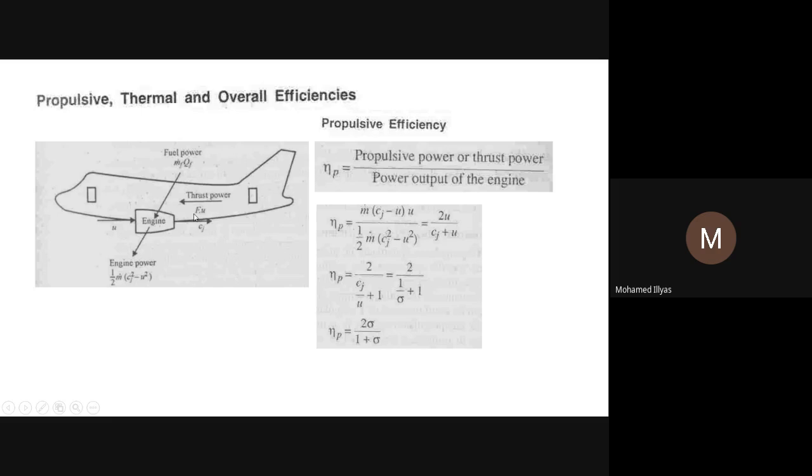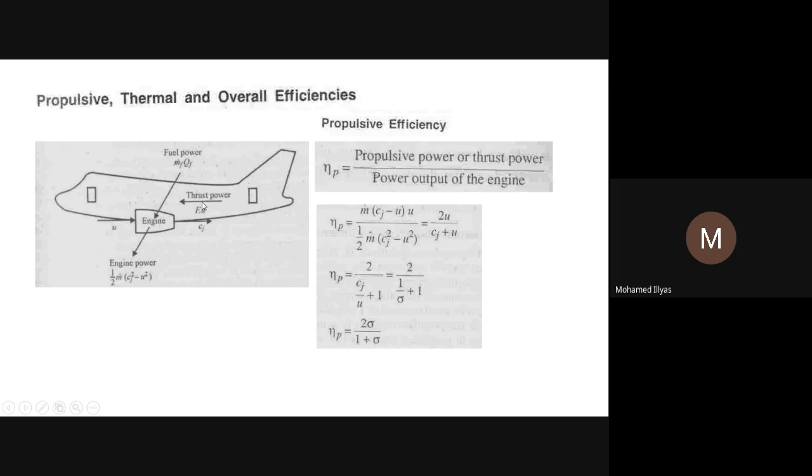Okay. So when thrust is multiplied with the velocity, what will be the unit? Thrust is N and U is meters per second. It is Newton meters per second, which is joules per second, watts. So this thrust multiplied with the velocity, we call a thrust power, a rate of energy per unit time.